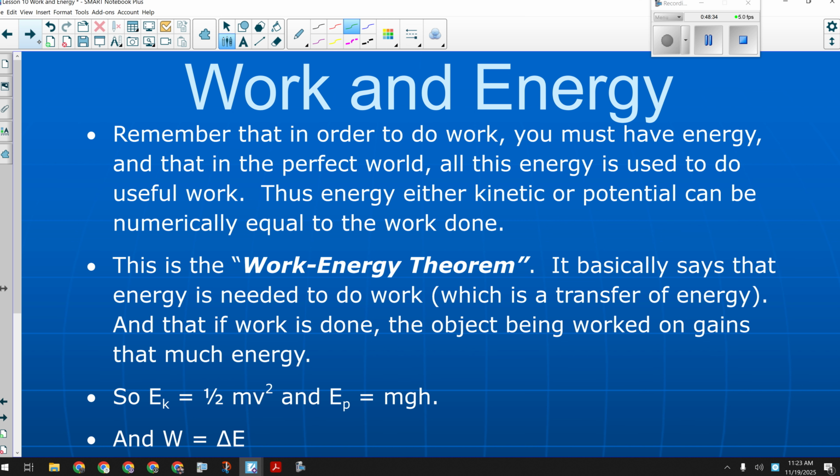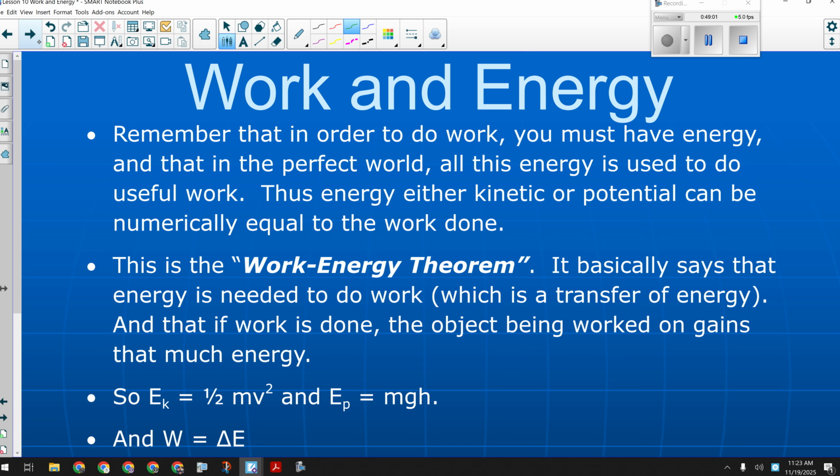Now, if I lay flat on the floor, I would be truthful in saying I have no mechanical energy, because when I'm laying on the floor, I can't fall any further, and I'm not moving, so I don't have any kinetic energy. So if something is going to do work, it either has to be in a position where it could fall, perched high above the ground, or in motion.